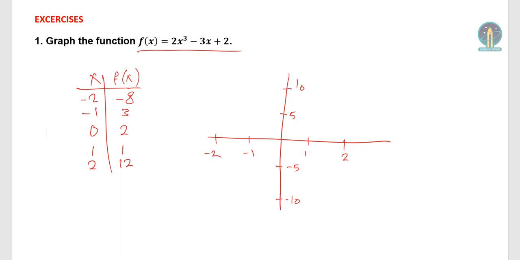Okay, so at minus 2, we have minus 8, which is somewhere here, a little bit off. Minus 1 is at 3, which is here. At 0, we're at 2, which is somewhere here.